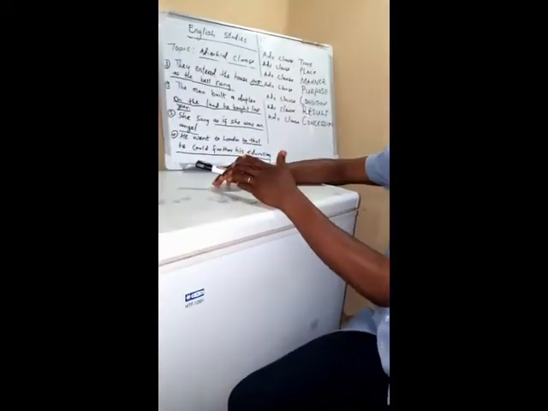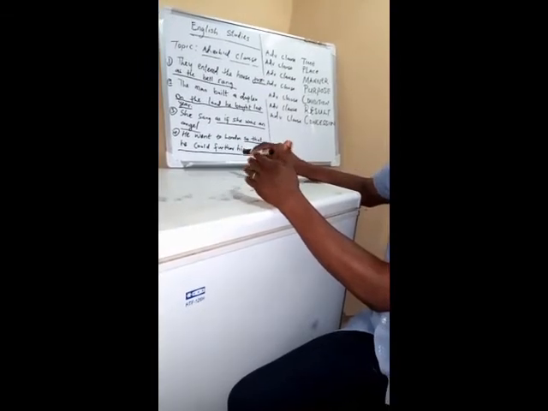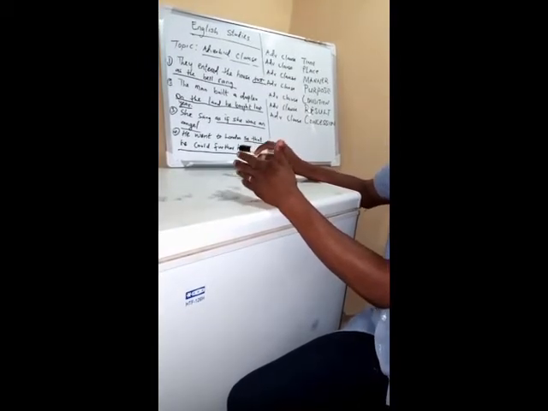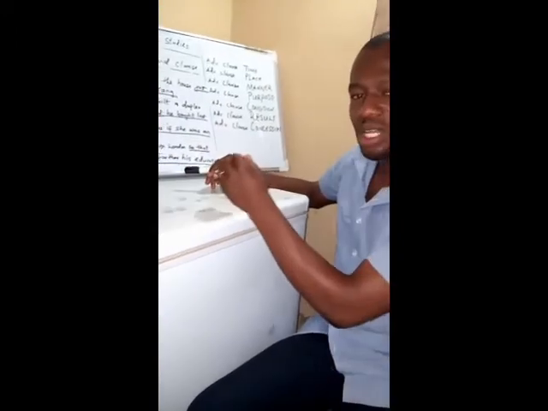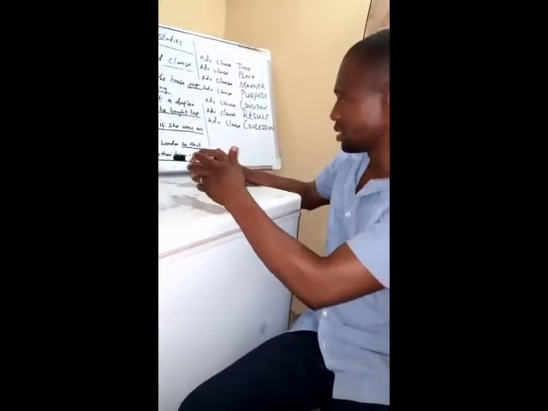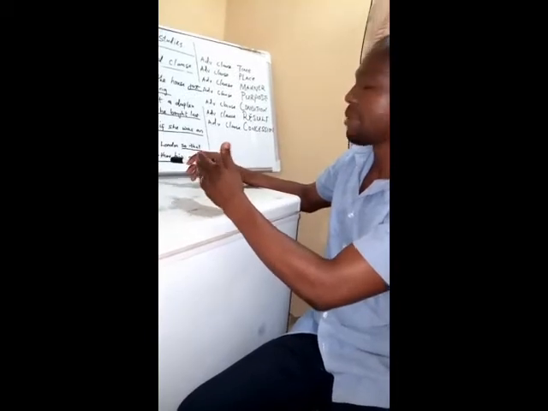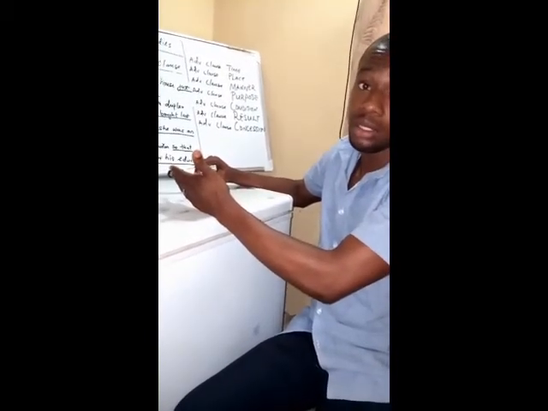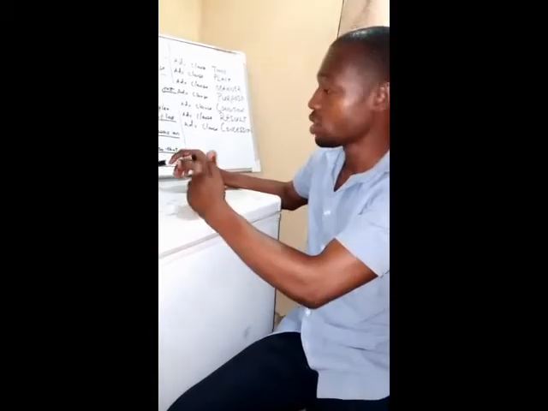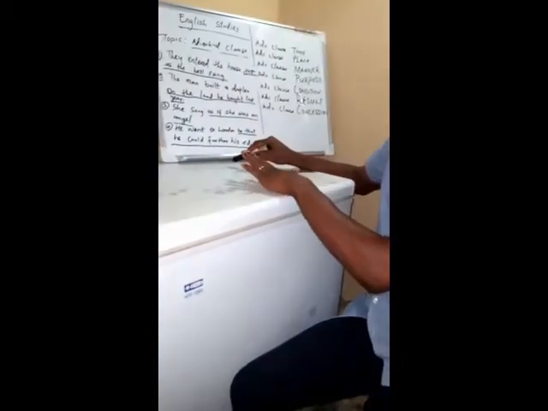And we have here also, he went to London so that he could further his education. It tells us about what? Reason. Why did he go to London? This gives us the purpose. What was the purpose of him going to London? So that he could further his education.